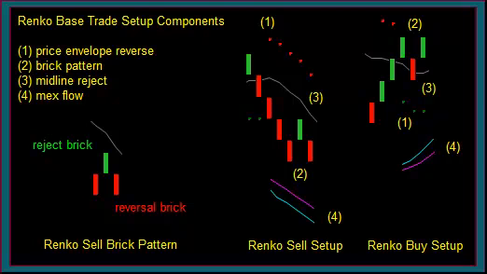You can see the 3-brick pattern for the sell setup in the bottom left corner with the way the bricks are referred to. The inside green brick is the reject brick, and the 3rd brick, turning back red, is the reversal brick. Again, there will be MEX flow on the retrace to the reject brick.